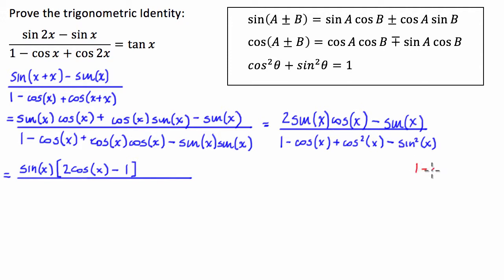It's going to be 1 minus cos squared of x. So I can substitute that in, and I've got 1 minus cosine of x plus cos squared of x.